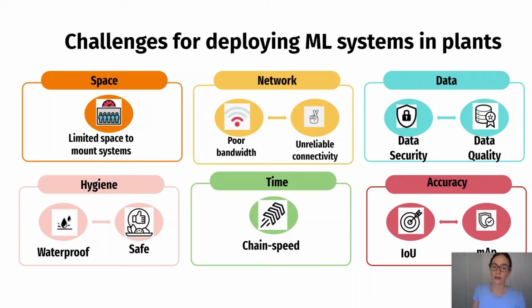We also have usually poor bandwidth and unreliable connectivity, and sometimes no internet at all. We have to ensure that our systems are product safe, that they are waterproof, that they are dustproof, that they are complying with the hygiene regulations. And finally, we also have to make sure that the predictions happen at the speed of the chain, otherwise they are pretty useless.